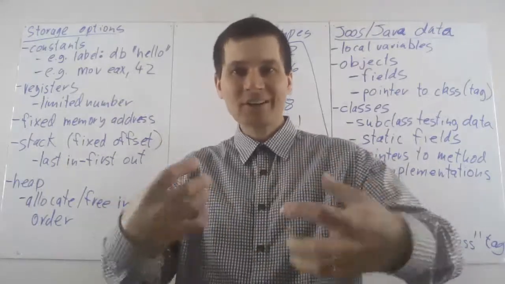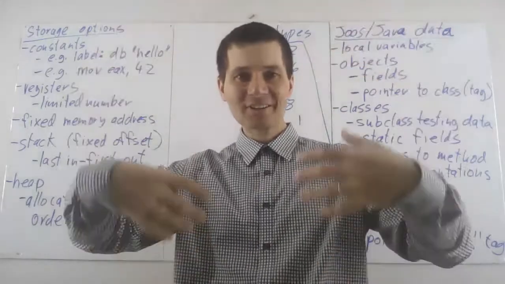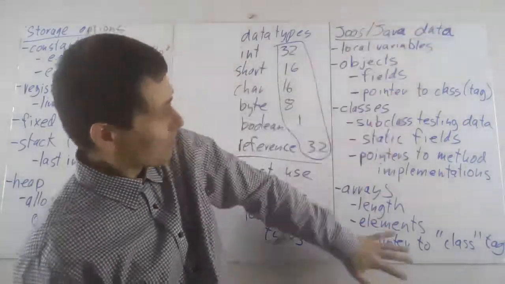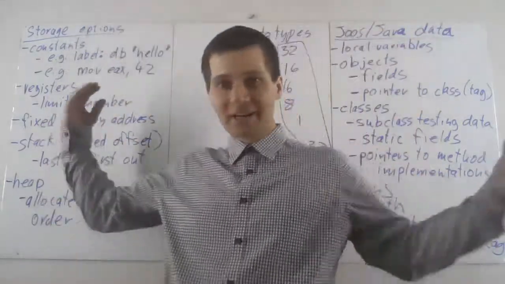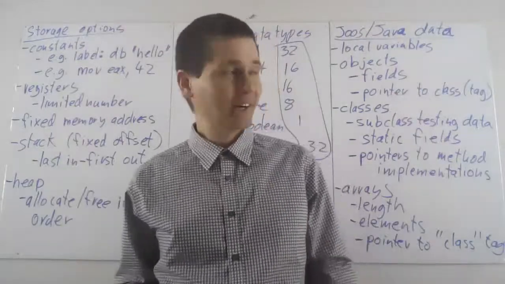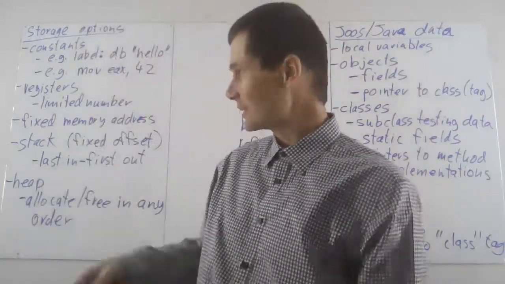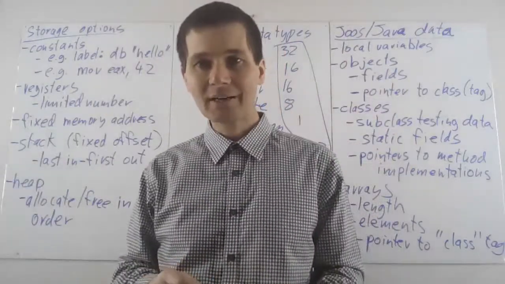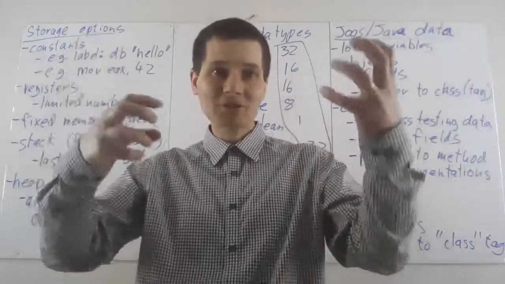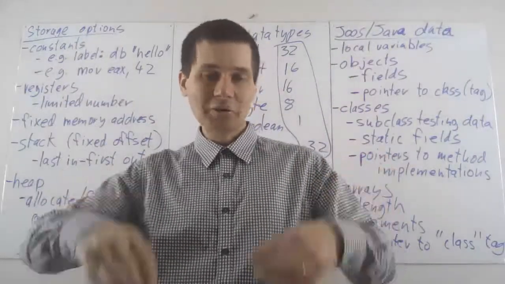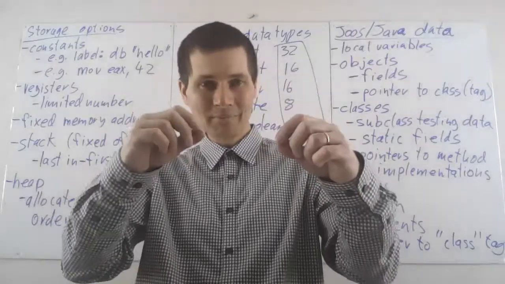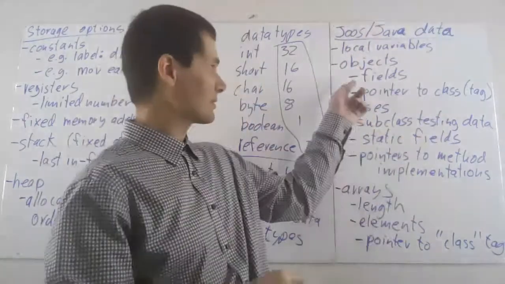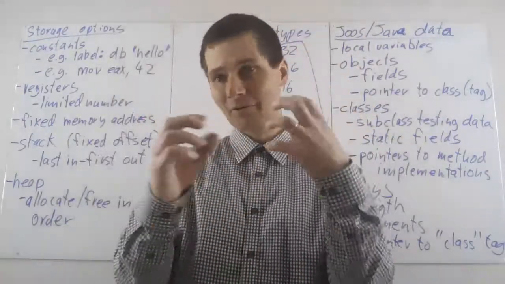You want to do it in more detail than just this, but just the high level, non-detailed thing is to take the stuff on this board and the stuff on this board and match them up, right? To say, okay, where am I going to store my local variables in memory? Where am I going to store my classes in memory? And so on. Okay. And then, once you have the general decisions, then go and figure out, okay, well, within that piece of memory, what order do the variables go in? Where are the fields? Where is the pointer to the class? And fill in the details.